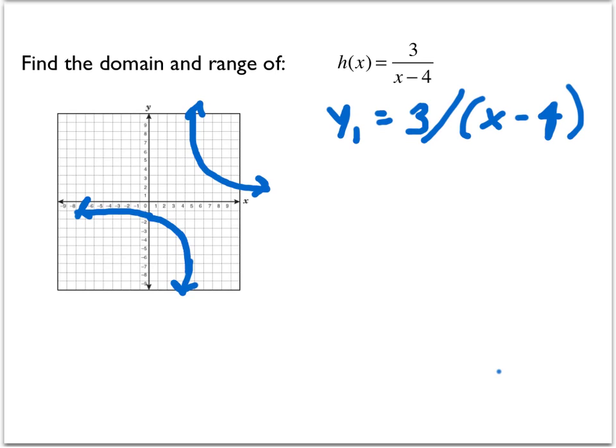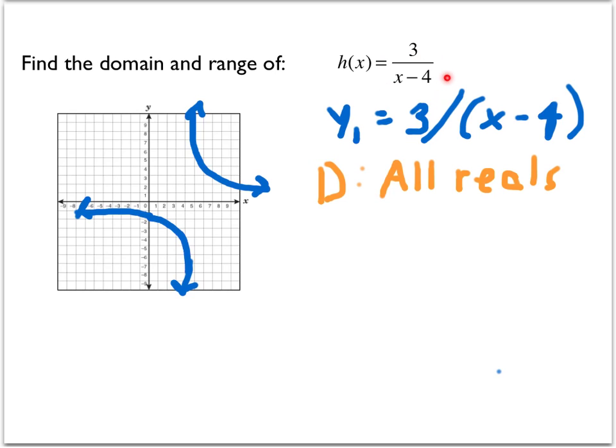Now, how do I express domain and range from this? Again, this is sort of like one other one that we did where we don't know a lot of specific ordered pairs. So can I think in general terms about sets of numbers? So my domain, can I say it's going to be all real numbers here? Yes, but I'm going to say all reals, but there's one x value that I don't want, and that is when x equals 4.